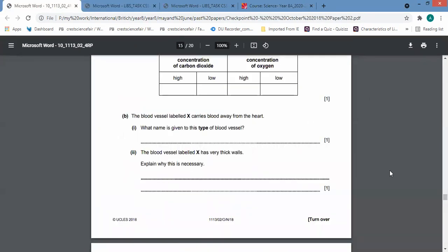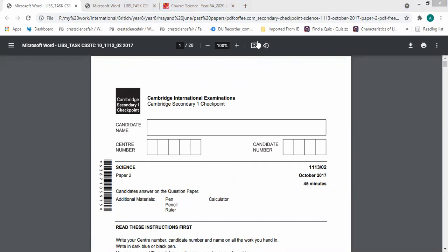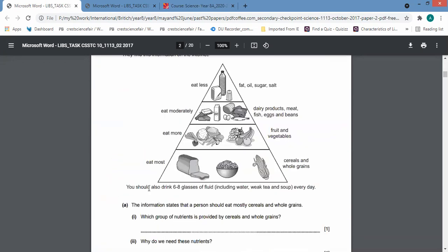This one is October 18. Now October 17. Okay. Are you ready? Are you ready, guys? You have it? Yes, we have it. We are ready.